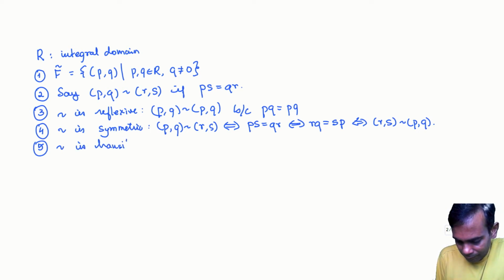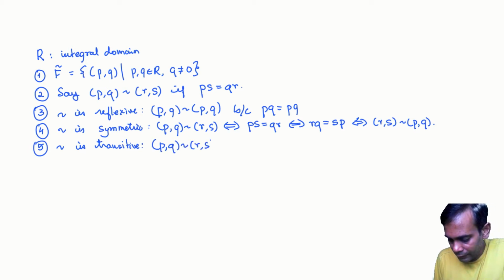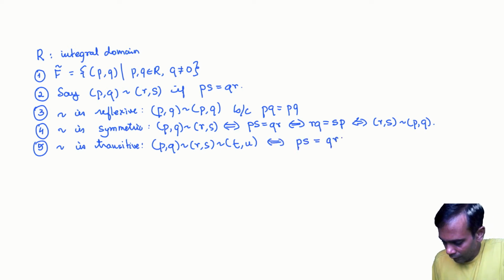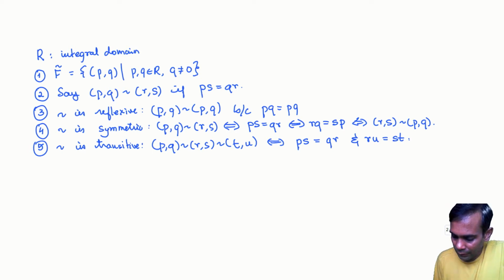Let's see. So if (p, q) is related to (r, s) and (r, s) is related to, let's say, (t, u), then this means that ps is qr and also ru is equal to st. Okay, now let's multiply these two equations together.